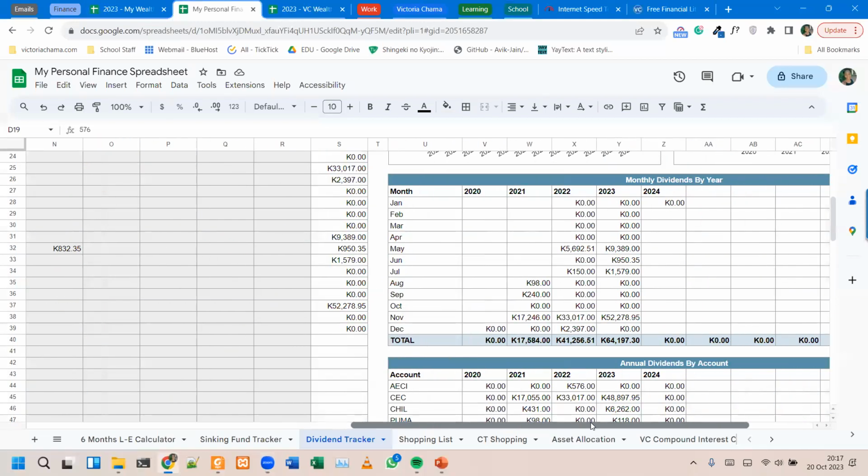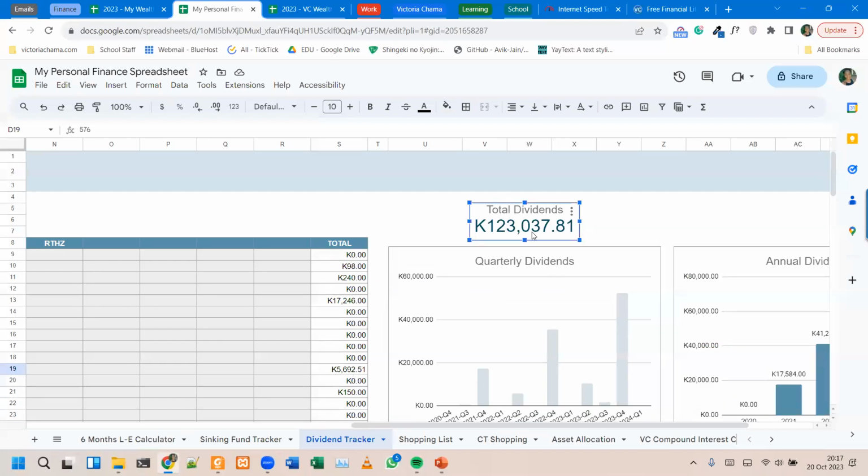So if we go to the actual value itself here, total dividends to date is 123,000. If I compare this to the 400,000 that I have gained, obviously, in my case, capital gains win. And typically that's the case, but not for everyone's portfolio, because everyone buys shares at different times, different prices. But here is a visual representation to say capital gains are where it's at.